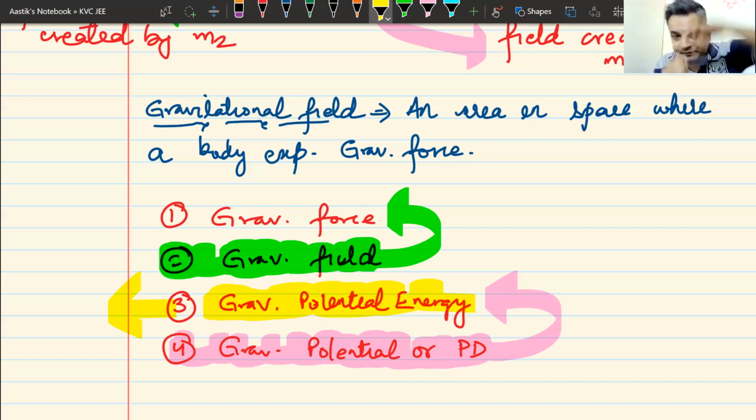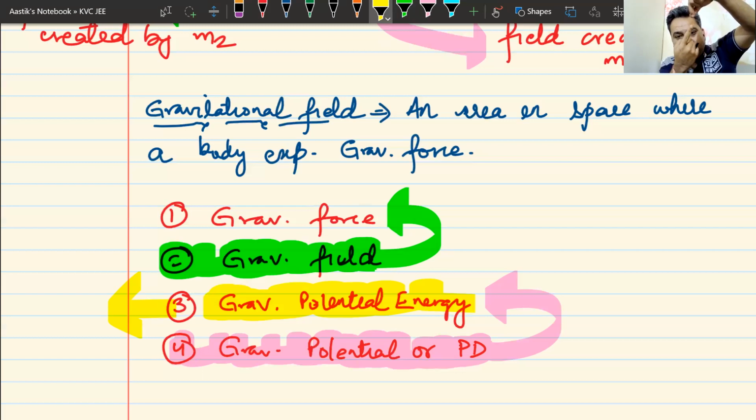It is the same as a point in space. Earth is creating a field here, but nothing is happening right now. If I put a block, Earth starts to attract it. So Earth creates a field, and if I place a block, the block experiences force.